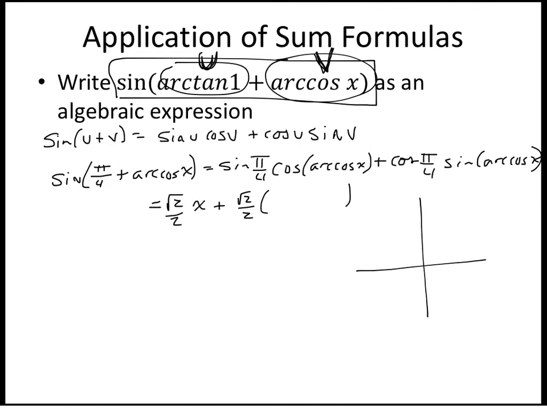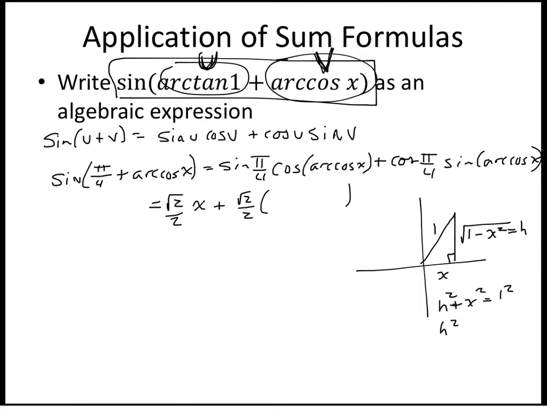So if I look at x in the first quadrant, and knowing that cosine is adjacent over hypotenuse, this is going to be x over 1. Finding this missing side length for me is going to be 1 minus x squared. That's using my Pythagorean theorem. So this height here will be h squared plus x squared equals 1 squared.